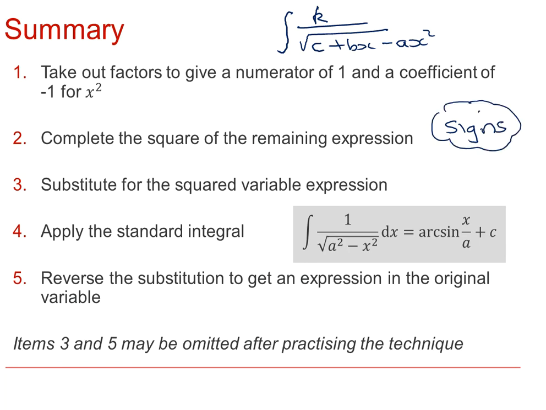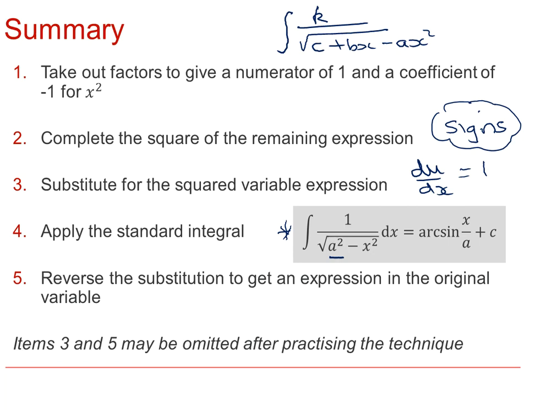I can substitute for the squared variable expression, but if I find that du by dx equals 1, I may not bother, but just go straight into applying this standard integral here, being careful to identify the value of a.